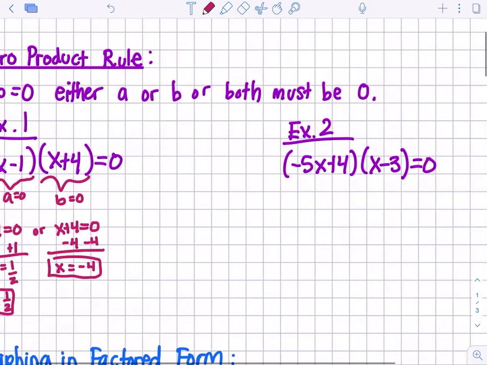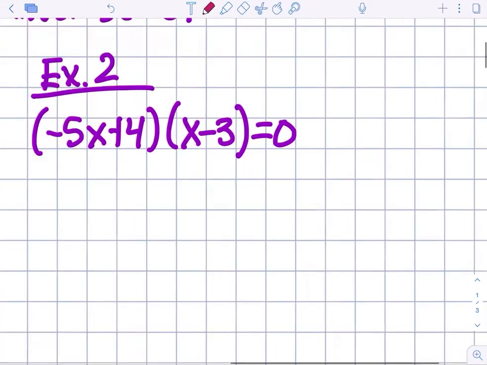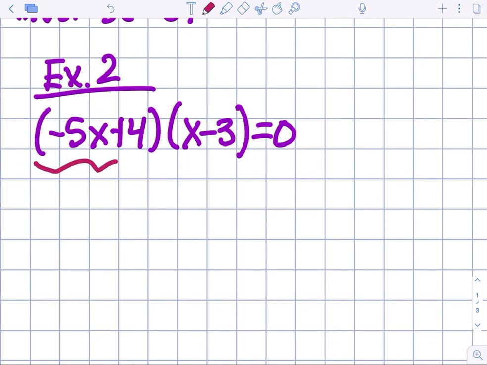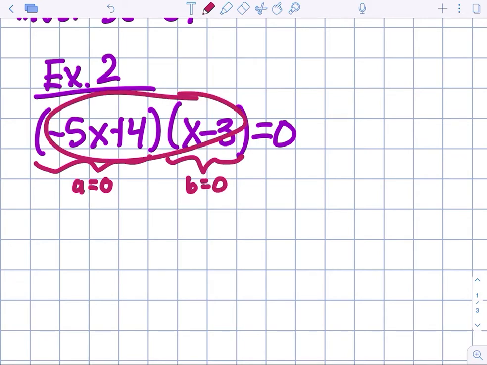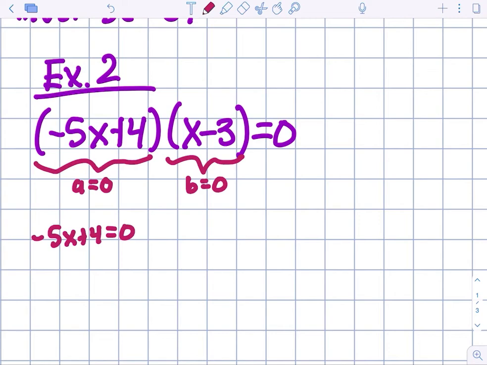Okay, so if we did example 2, remember either this has to equal 0 or this has to equal 0 in order for this whole thing to equal 0. So negative 5x plus 4 is equal to 0, or x minus 3 is equal to 0.